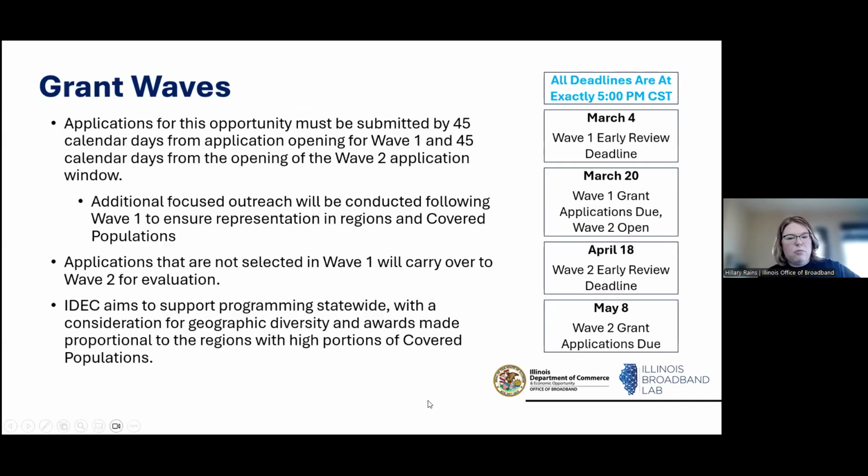Here is a little bit more detail about that. Like we said, 45 days for wave 1, 45 days for wave 2. We are really, really hoping to get out there and make sure that we've got programs that can cover not only geographically around the state, because we want to make sure we're getting our funding everywhere, but also making sure that we are hitting all of those covered populations.